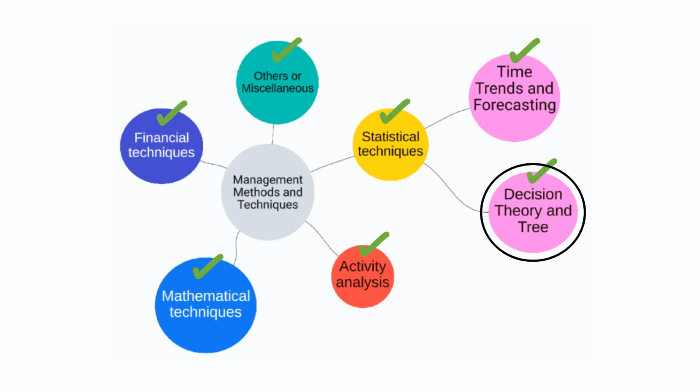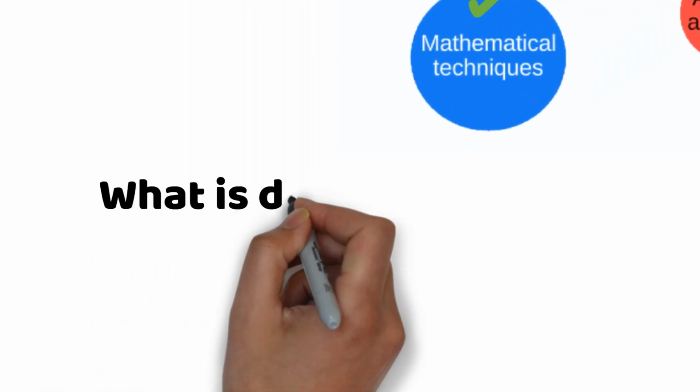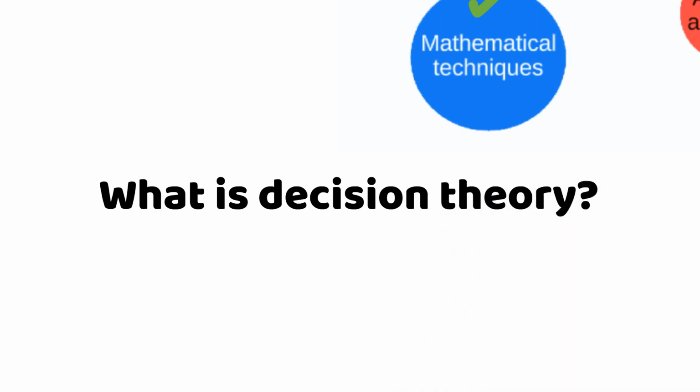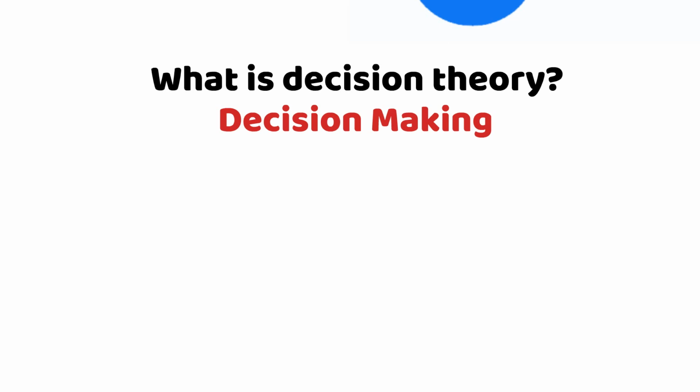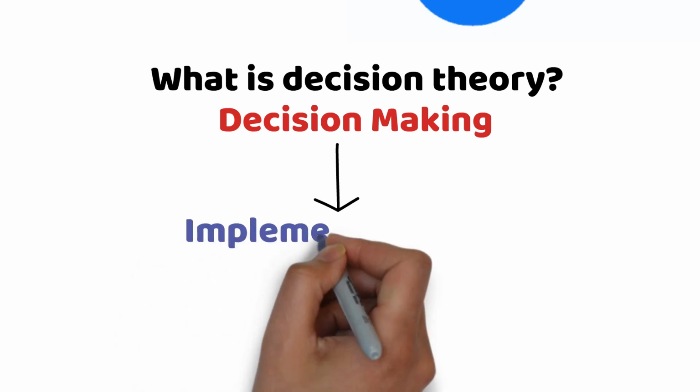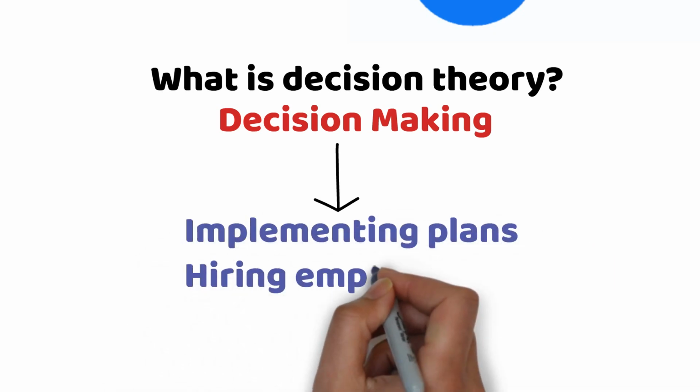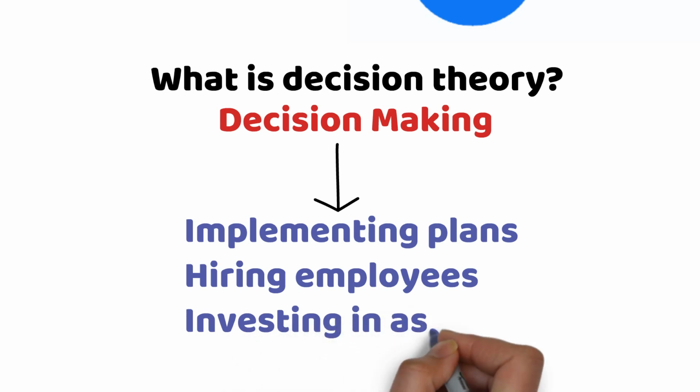Let us first understand what is the decision theory. In any organization, decision-making is a vital responsibility of managers. Those decisions may be in various forms, such as implementing plans, hiring employees, and investing in assets.